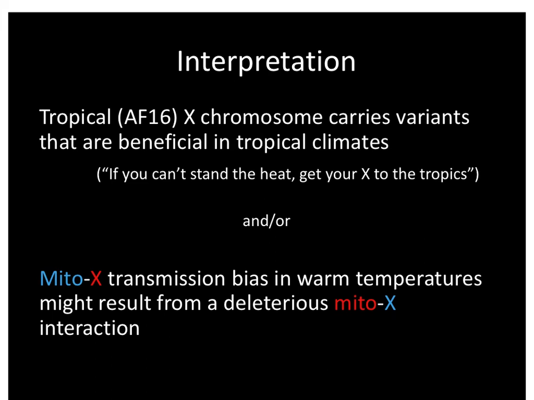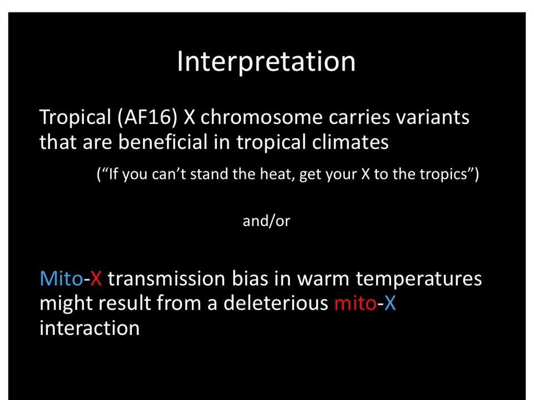It seems like the AF16 X chromosome has potentially some genetic variants that are beneficial when growing at a tropical or 25 degree temperature. And that could occur because of transmission bias, that is, for HK104 mitochondria together with AF16 X chromosomes, or it might also result from deleterious interactions between red or AF16 mitochondria and blue or HK104 X chromosome alleles.